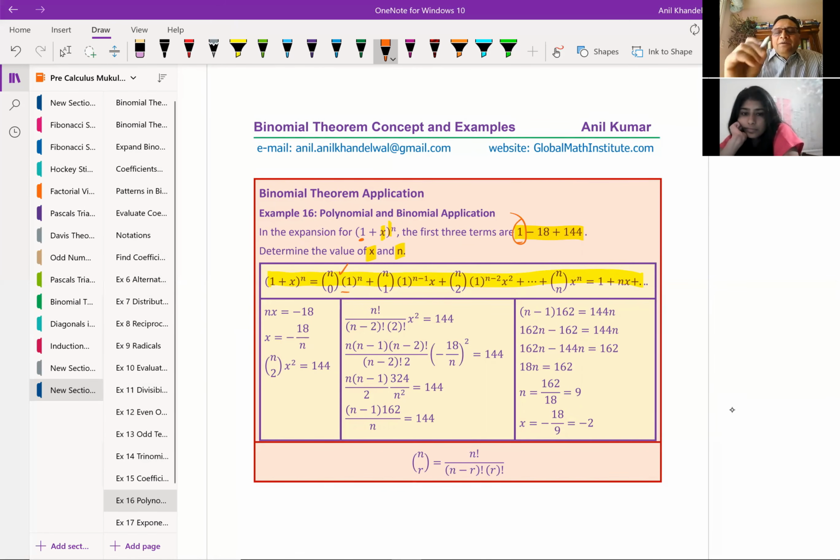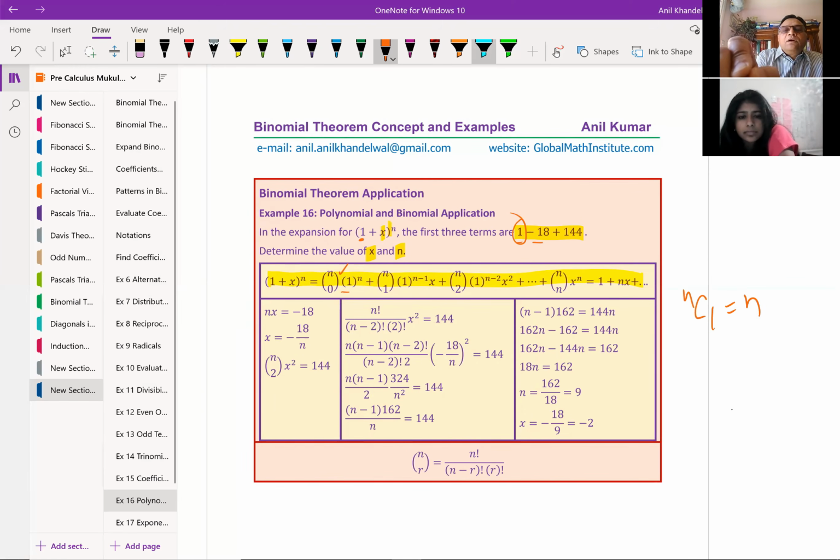The second term we are given as minus 18x. Now, the second term here is nC1, 1 to the power of n minus 1, x. Well, that gives us a lot of information. nC1 is equal to n, so we get nx.